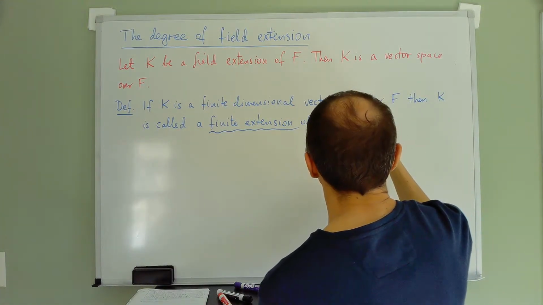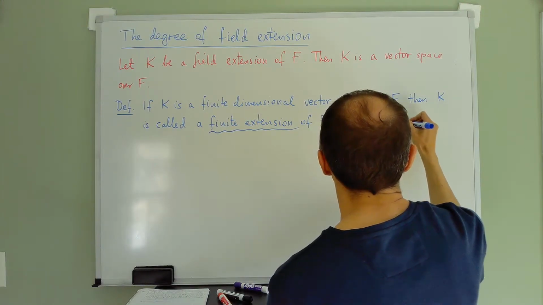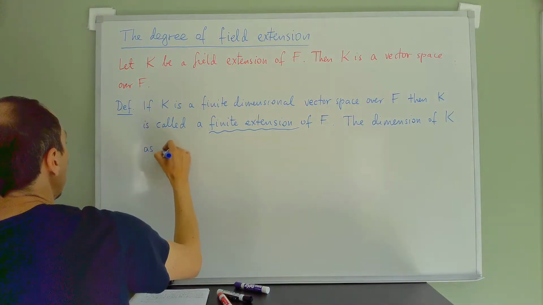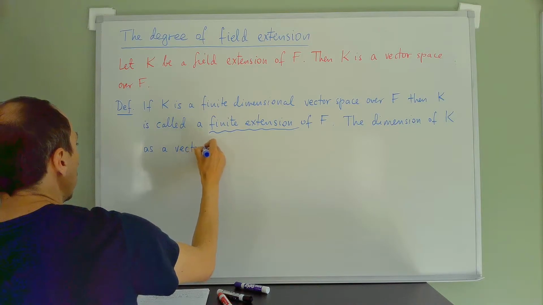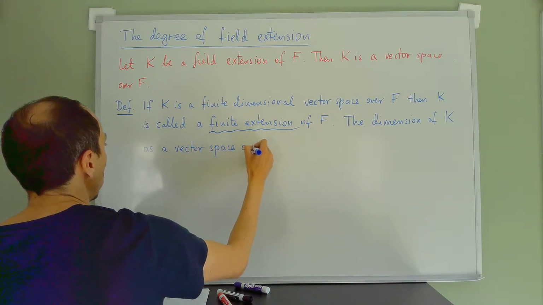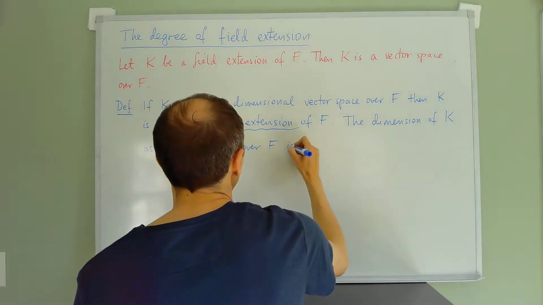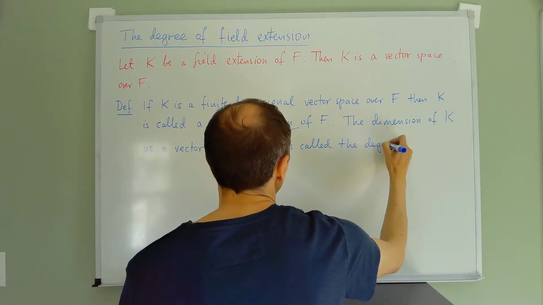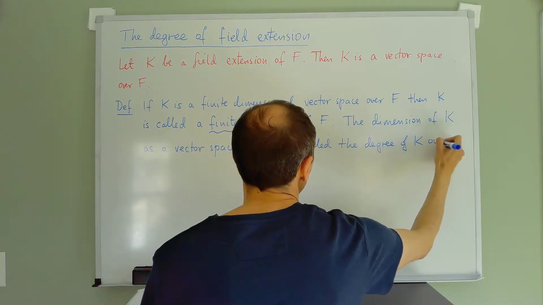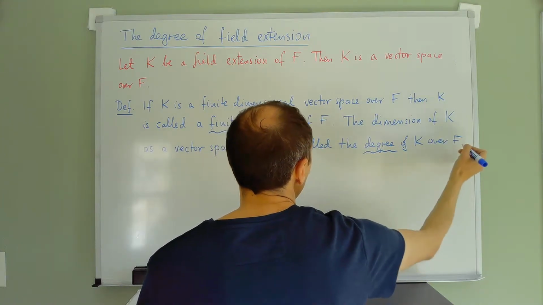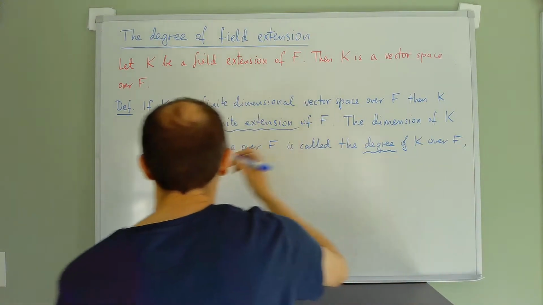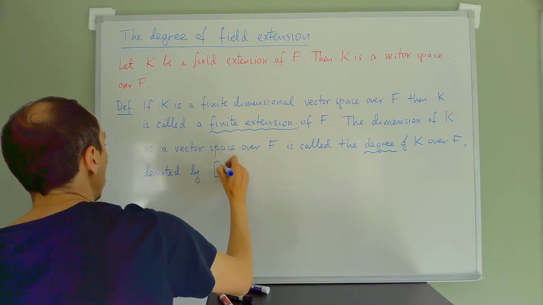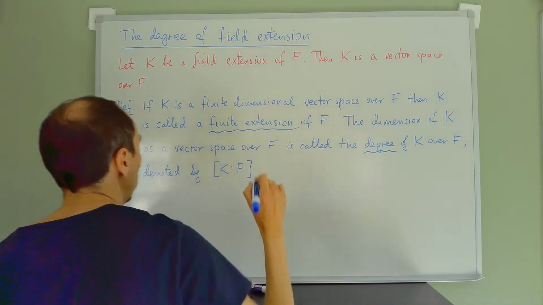The dimension of K as a vector space over F is called the degree of K over F, denoted by [K:F].